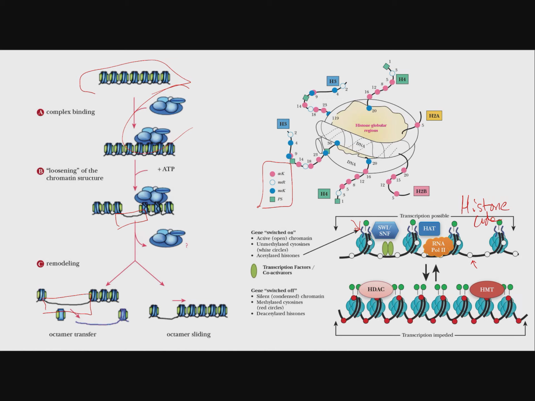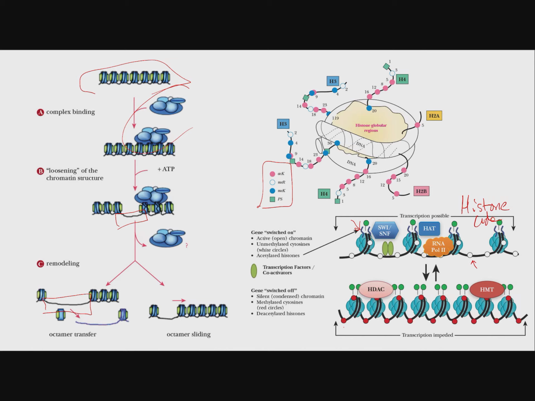When transcription is not active, more nucleotides are phosphorylated, histones are deacetylated, and cytosines are methylated. And so we can see here that when a gene is turned off, these are the structural features we see. We see a lot of these methylations on the cytosines and a lot of these deacetylations on the histones.